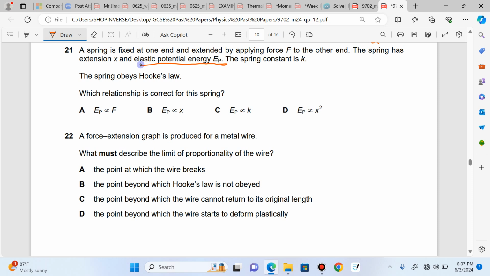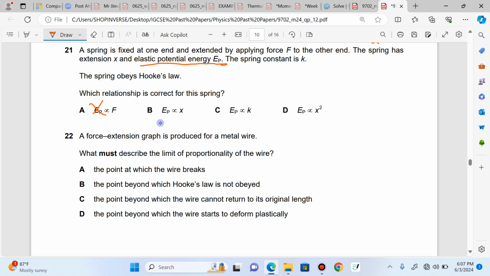That makes sense, but take note that the elastic potential energy is proportional to the force that you apply minus frictional force. That will give you the resultant force that caused an extension. So elastic potential energy is proportional to the resultant force that caused that extension, which is force applied minus frictional force. So that means A is not good.